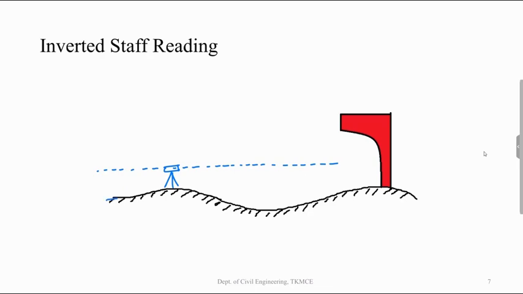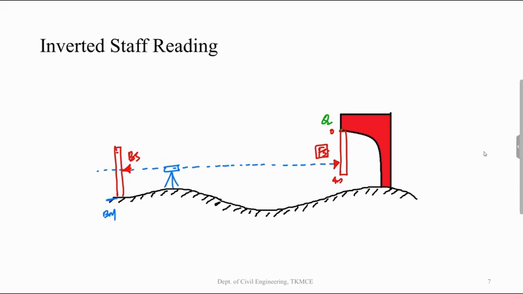With respect to the benchmark, I have taken the staff reading like this. So this is my backsight reading. Now I want to find the reduced level at this point Q. Whichever point I require to find the reduced level, I need to keep the 0 of my staff at that point, such that the staff reading 0 is here and the 4 meter is here, and this reading I got, say this is my foresight reading.